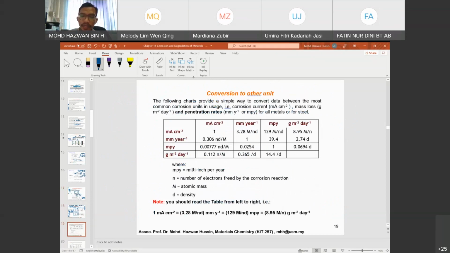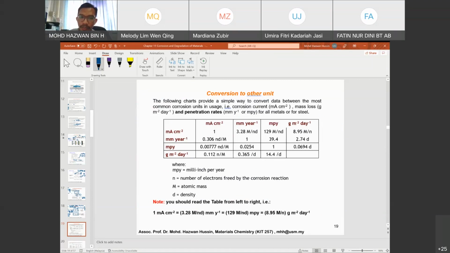For example, if the corrosion rate is calculated using potentiostat, electrochemical techniques, you will get a value in milliamperes over centimeter square. If you want to convert it into mmpy, then you multiply with a factor, which is 3.28.